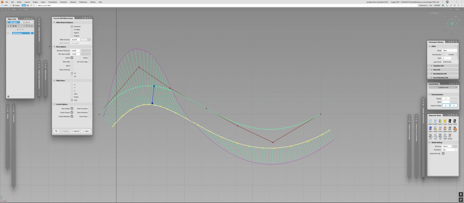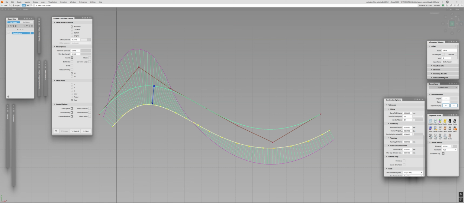And the reason for that is they are working only within a very specific operation, because in the construction options there is no information about how accurate the offset is supposed to happen. It's a very unique operation within the tool, and that's why its tolerance is within the deviation tolerance, right? So the min span length is the minimum distance for the span, or the length of the span.